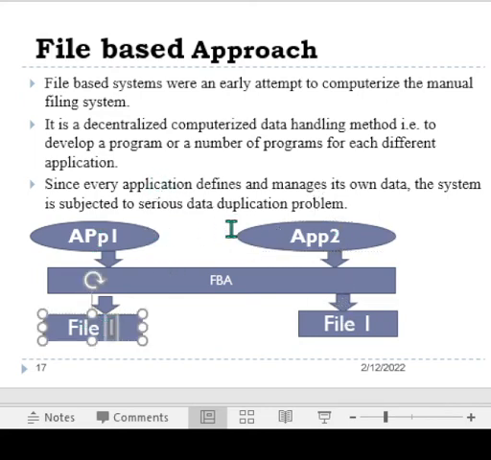Since the applications are not integrated together, this department may apply an update to the file, but application 2 cannot apply this update to its file. So to update the file in a file-based system, if application 1 applies some modification, you must again come to application 2 and modify it. Else there is no modification at one time.